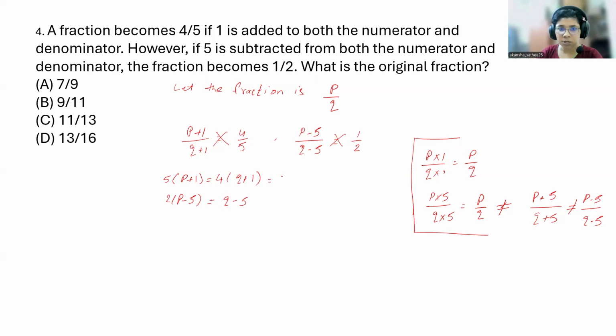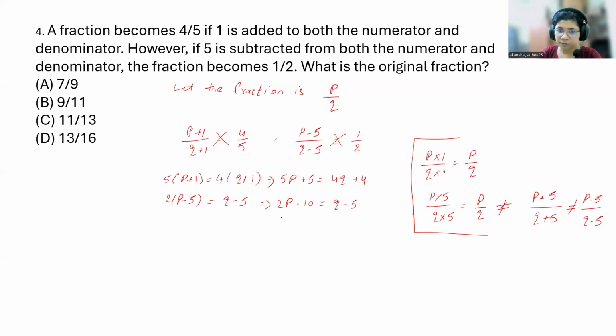So here this becomes 5P plus 5 is equal to 4Q plus 4, right? And this equation becomes 2P minus 10 is equal to Q minus 5, right?